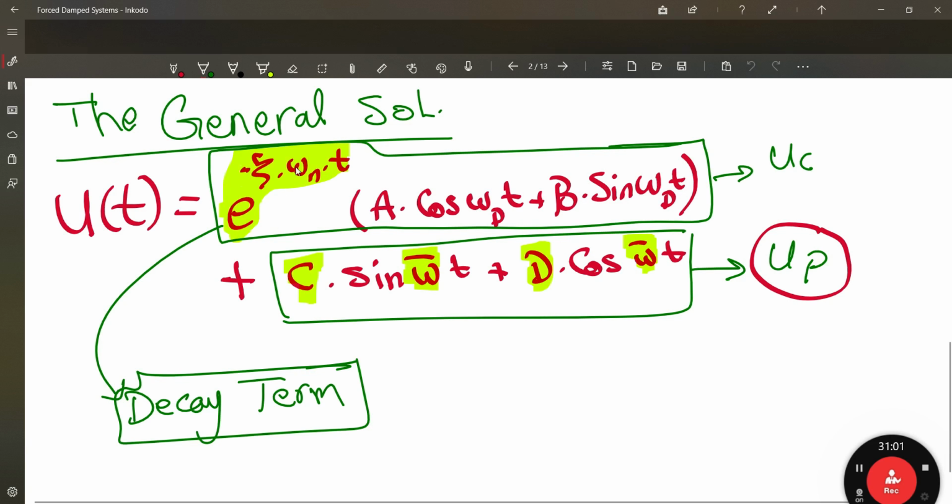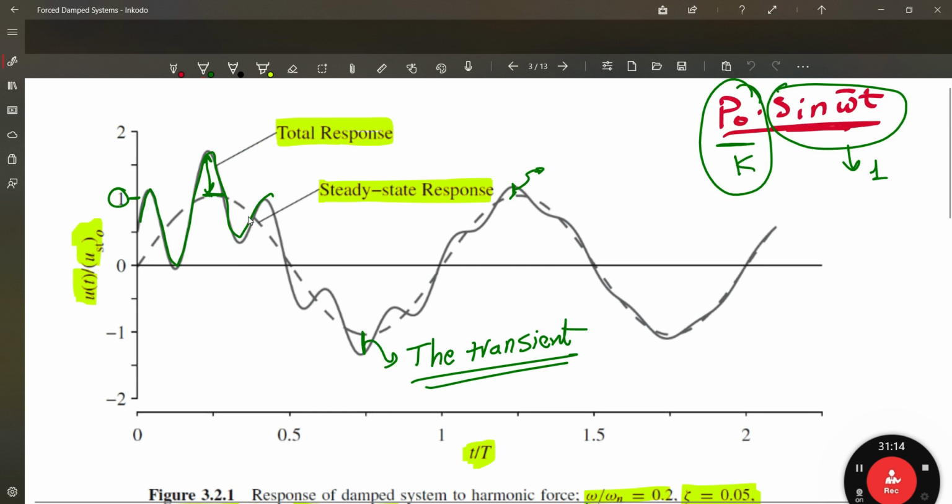This exponential term is responsible for decaying this part. So in our equation, this part, which is the difference between the total response and the steady state, is going to vanish, as you can see here on the graph.